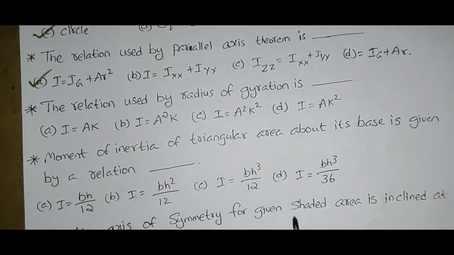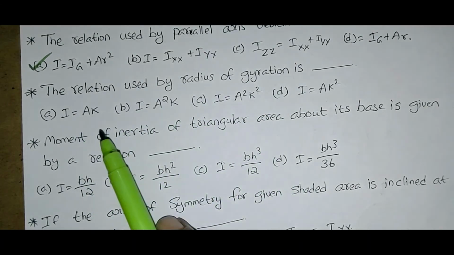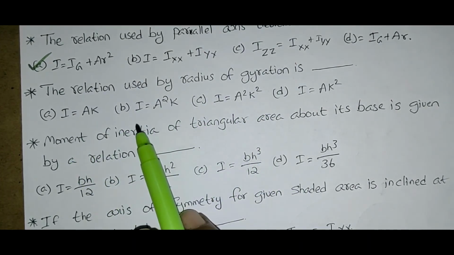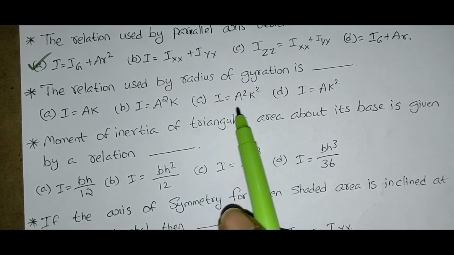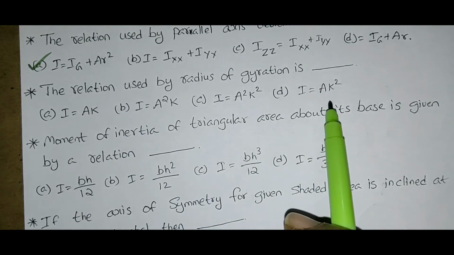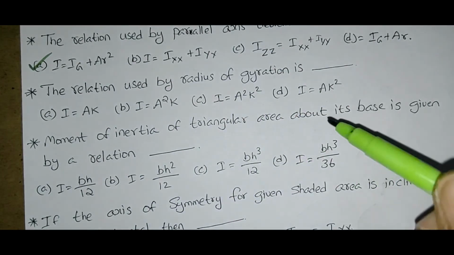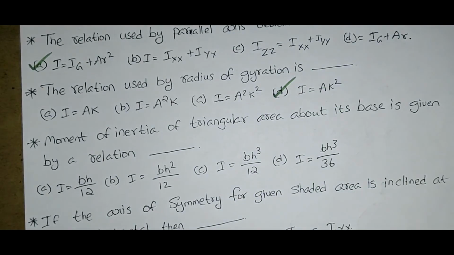Next, the relation used for radius of gyration: I is equal to AK, I is equal to A square into K, I is equal to A square into K square, and I is equal to AK square. So the relation used by radius of gyration is I is equal to AK square.